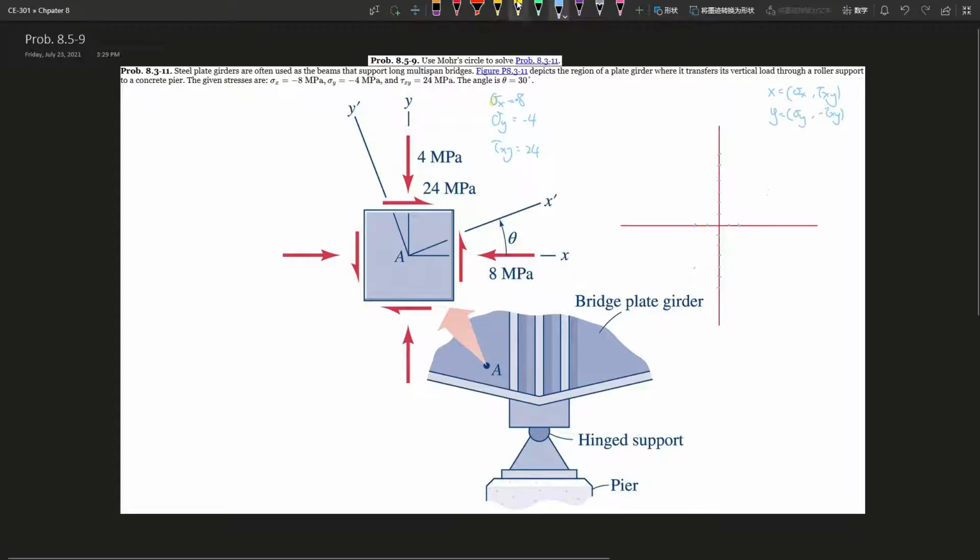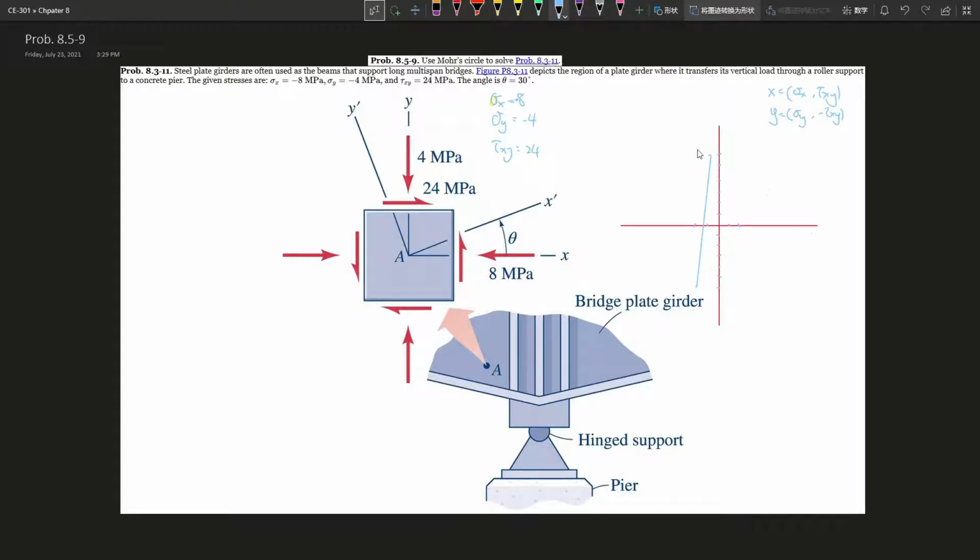4 times 6, 24. Okay, so let's shift this up to here and this up to here. So if we're going to draw a straight line as the diameter, let's draw it between here and here.